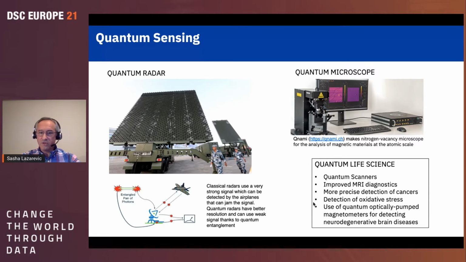They are producing microscopes for the analysis of magnetic materials at the atomic scale, and also quantum life science, in the sense that all these quantum sensors are improving scanners, magnetic resonance imaging devices. They can better detect cancers, inflammation, different processes in the body. So there is a lot of purpose.